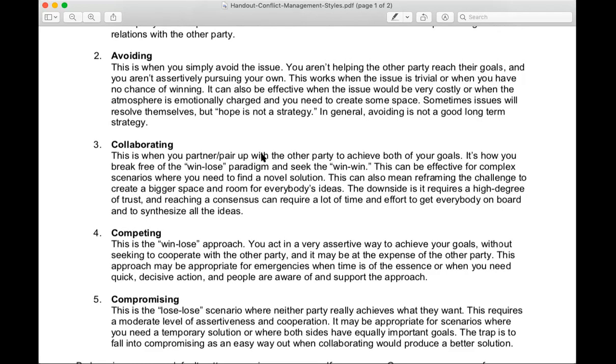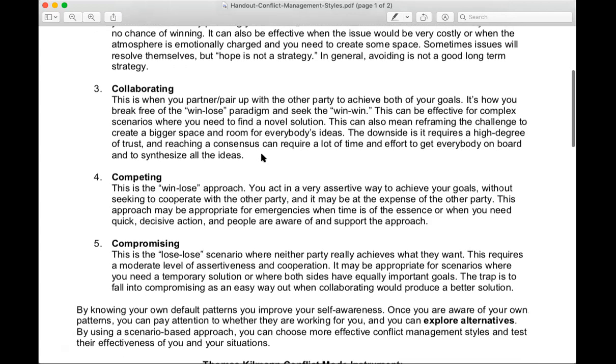It may be appropriate to use competing when there's an emergency or urgency of a situation and you need to make a quick, decisive action, and people are aware of and support the approach. But with competing, the goal is to win. Okay. Somebody has to win, somebody has to lose.